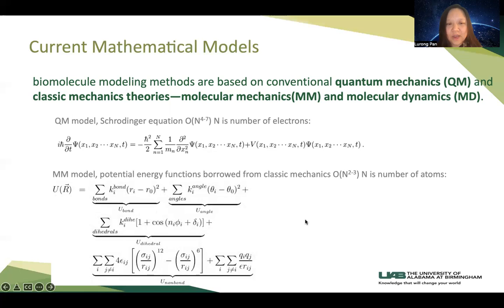However, those types of mechanical formulations can somehow approximate the behaviors between atoms in a molecular system. People have been using these methods to describe larger, complicated systems that the QM model cannot describe, with a dramatically reduced computational cost. But the big O is N to the power of 2 or 3, where N is the number of atoms.